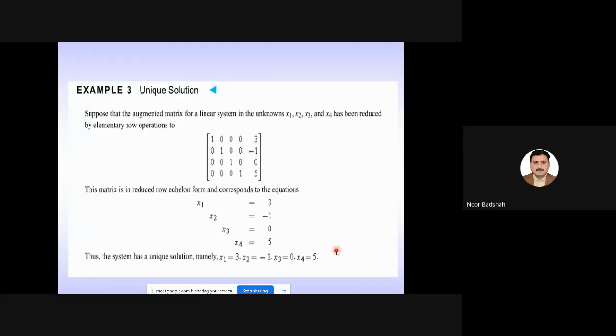Okay. So, as I said earlier, in this case, there are 4 equations and 4 variables.